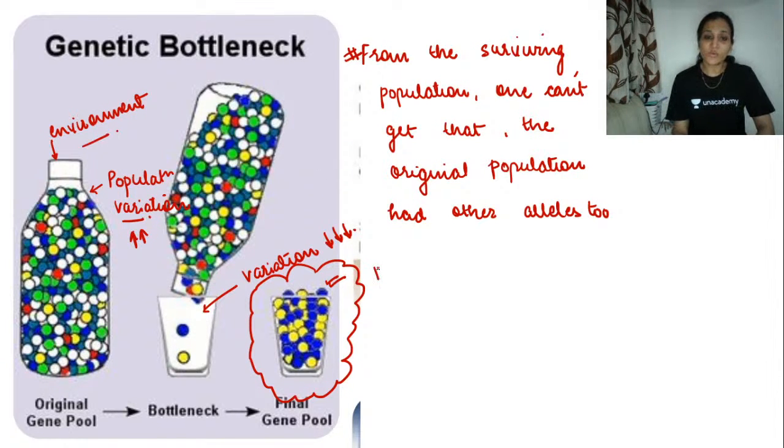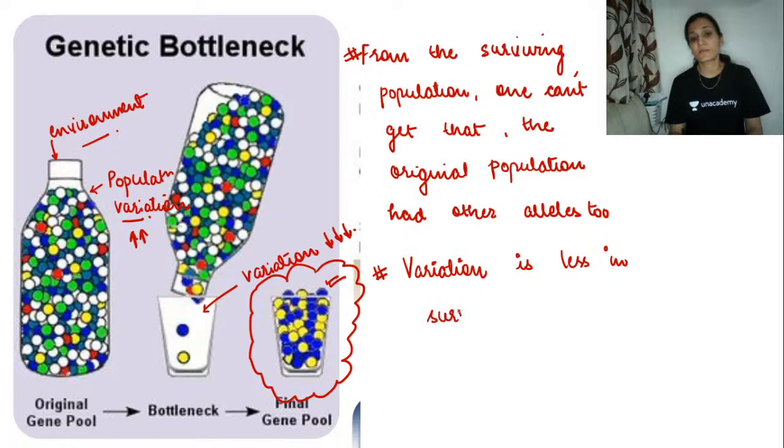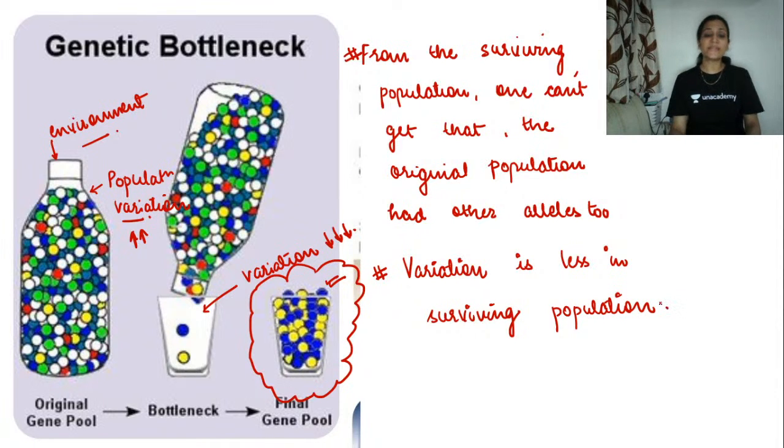Another thing you can get from this is that there was a lot of variation in the bottle, but in the glass only two types of alleles are there. So variation is less in the surviving population. Variation is quite less in the population which actually survives.